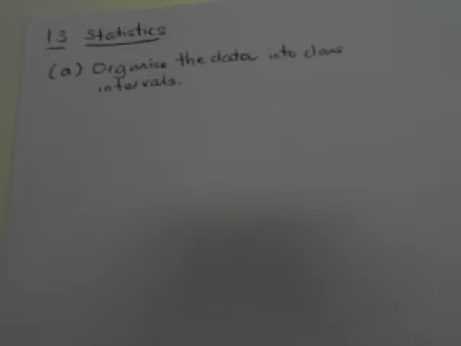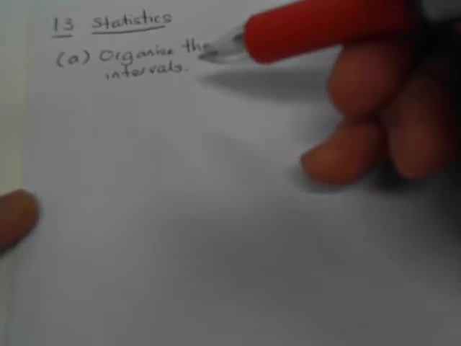So in this case, 4.2 being the highest, which is the lowest here? Right, you have to look carefully. Don't just look at 0.6, you have to consider the other data. The lowest is 0.3. So in this case, we can categorize each of these data into class intervals, the highest being 4.2, the lowest being 0.3.